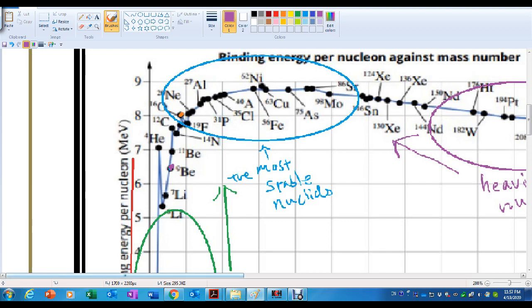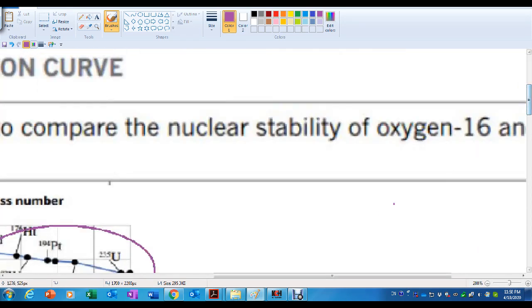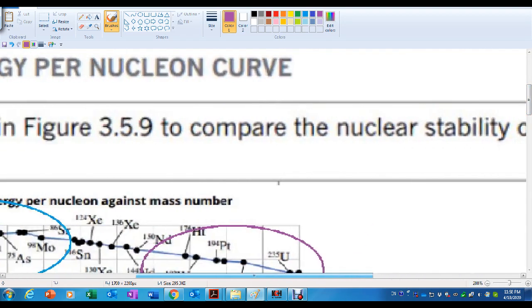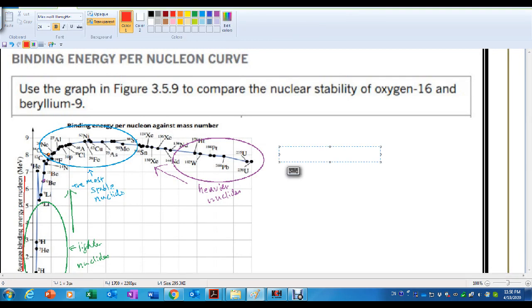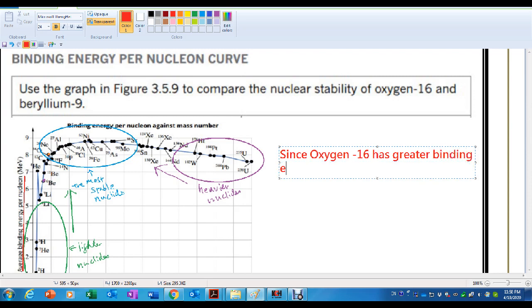Alright, so compare the stability of the two, of course. Okay, so you just say since oxygen-16 has greater binding energy.